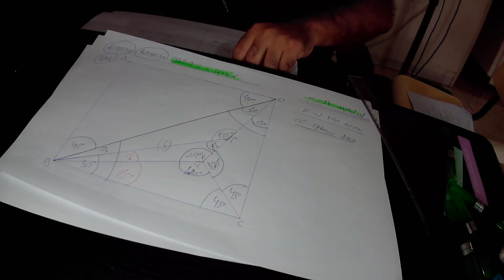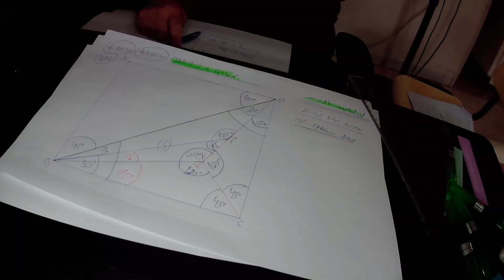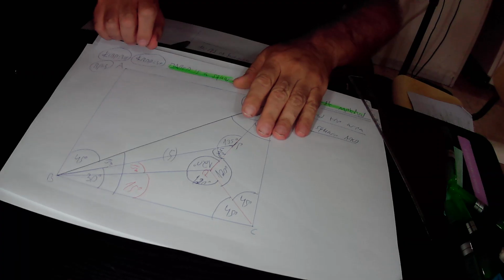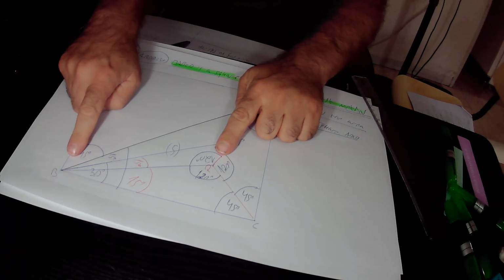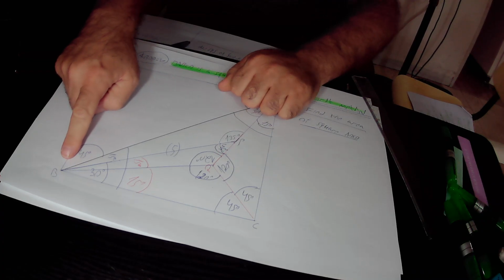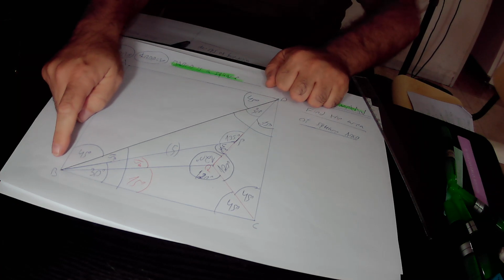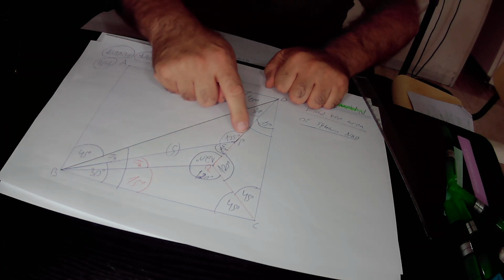In addition, this is side QB, a common side that belongs to both triangles. Side QB definitely belongs to triangle BQC, and side QB definitely belongs to triangle BQP.